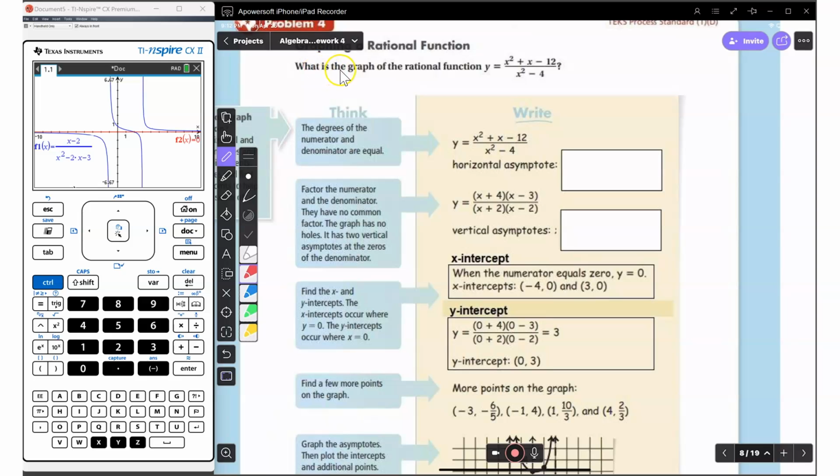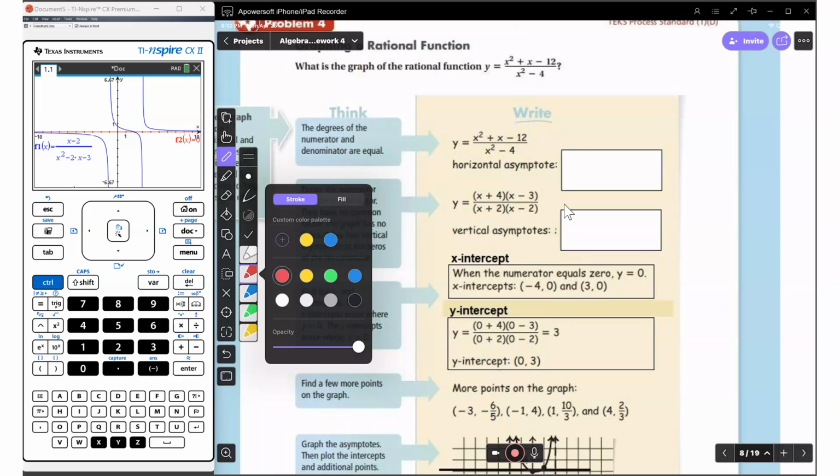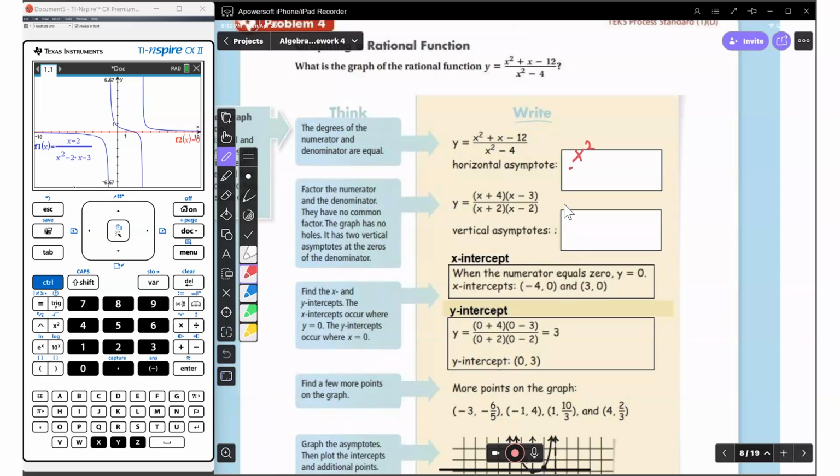It says here, what is a graph of the rational function? We're going to look for our horizontal asymptote, and you notice that we have x squared and x squared. So if I were to write x squared divided by x squared, our coefficients are 1 and 1.